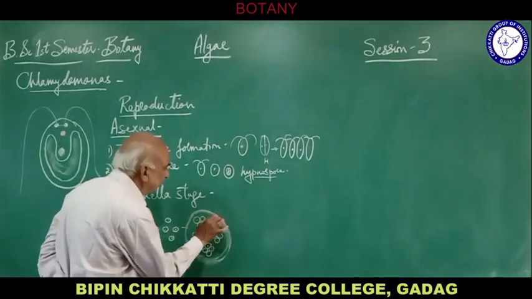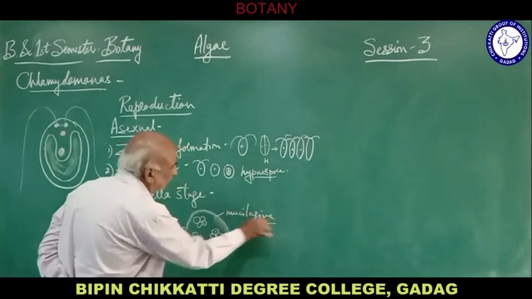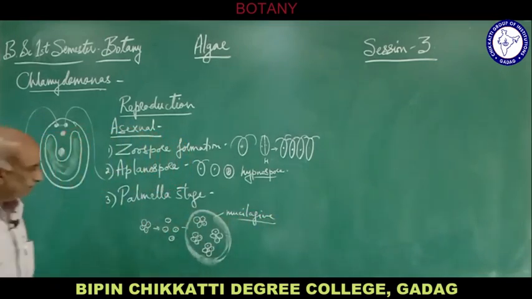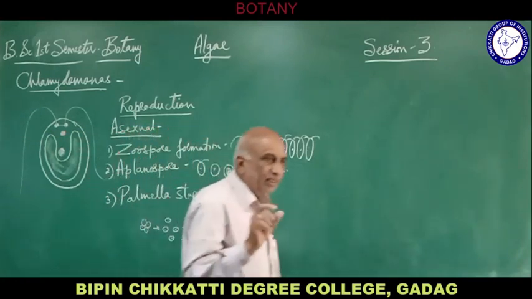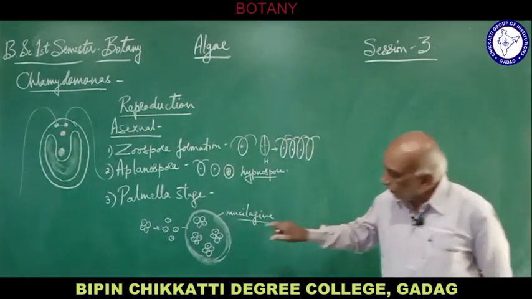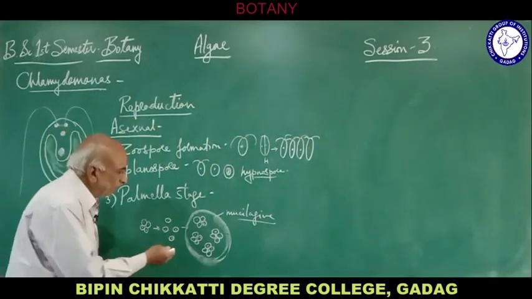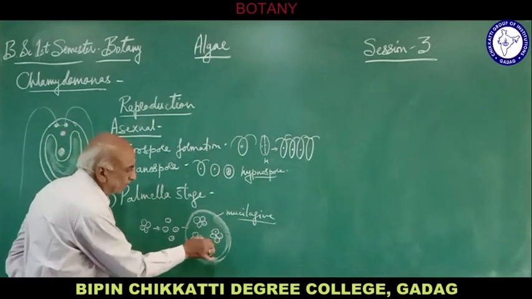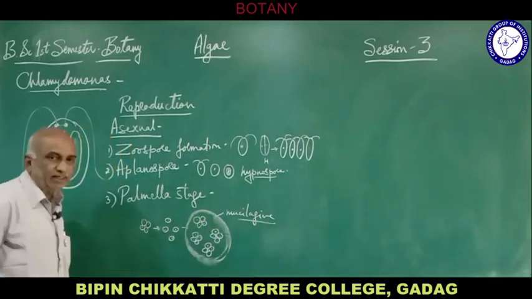A mucilage sheath is formed surrounding the cells. So the group of cells which are formed are found in groups like this, in groups of 4, or sometimes we may find groups of 8 cells. Generally 4 cells are formed in this, enclosing this mucilaginous matrix.